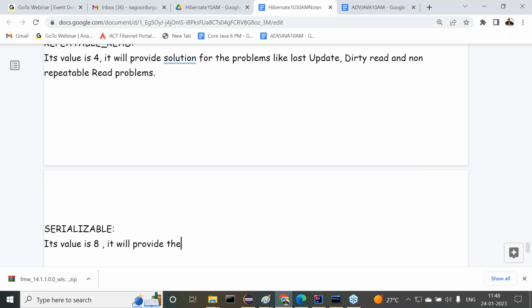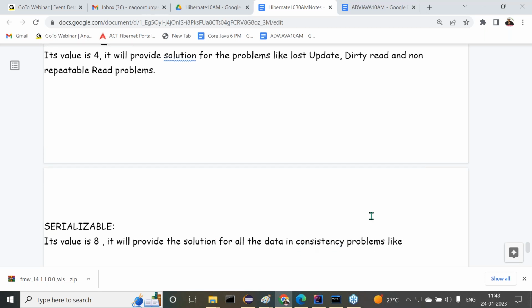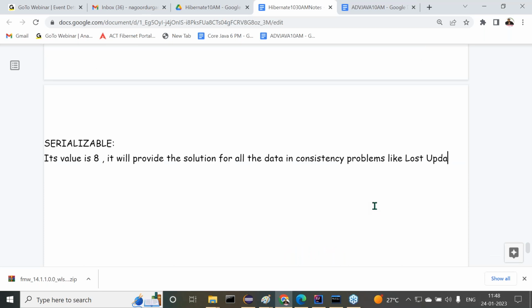It will provide the solution for all the data inconsistency problems like lost update problem, dirty read problem, non-repeatable read, and phantom read. So these are the isolation levels that are available.